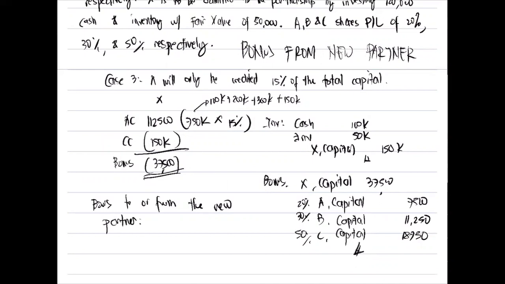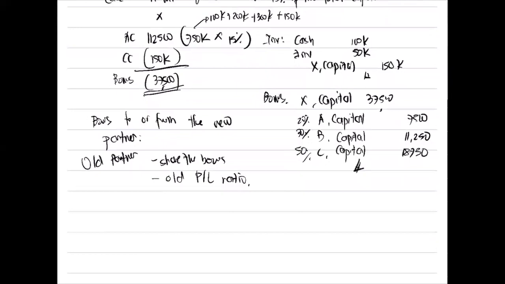And then, all partners will only share the bonus using their old profit or loss ratio. Okay? So that's what we do here in your bonus to new partner or bonus from new partner.